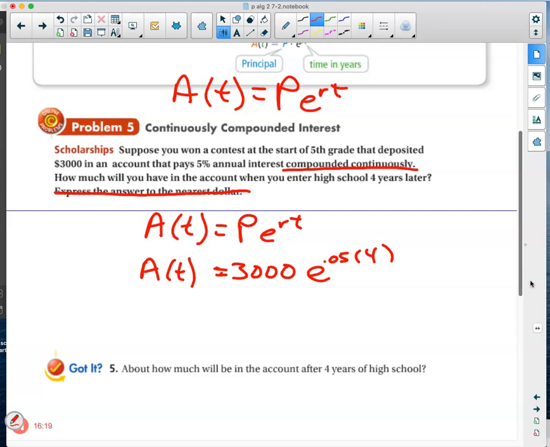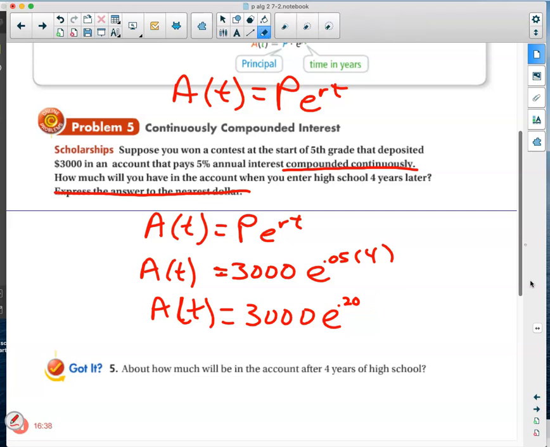But if it drives you bonkers, just think, I've got 4 nickels. So if I have 4 nickels, how much do I have? 20 cents. But like I said, the calculator will take it and it'll do all the math for you.